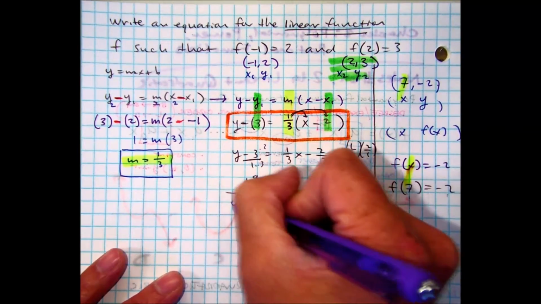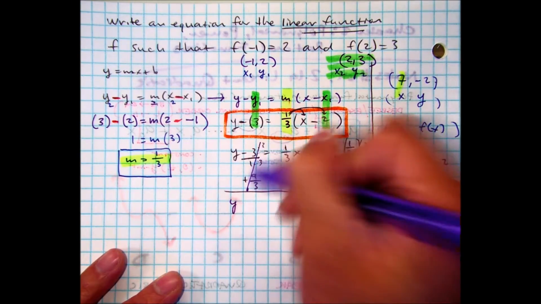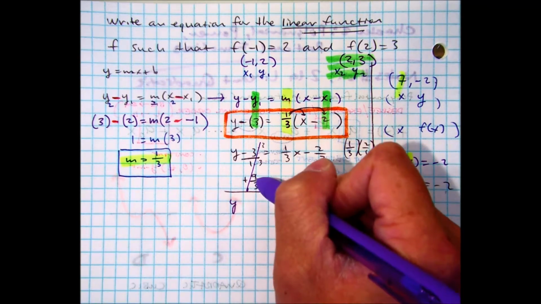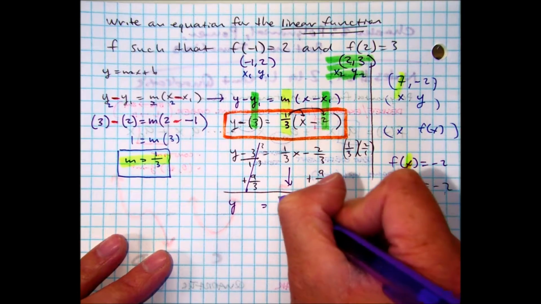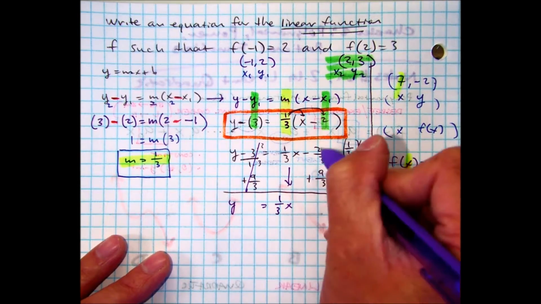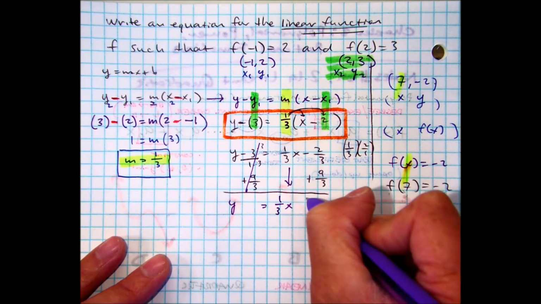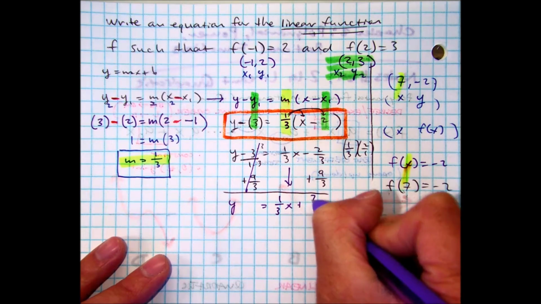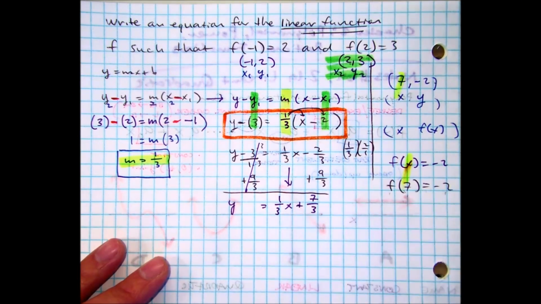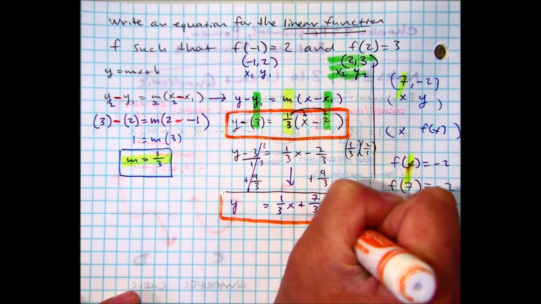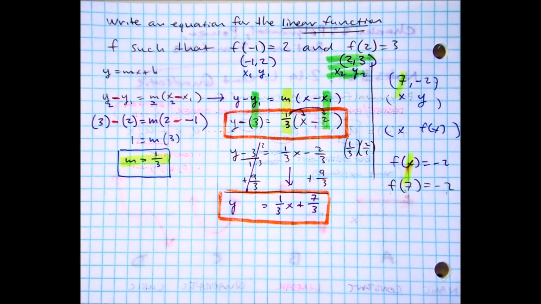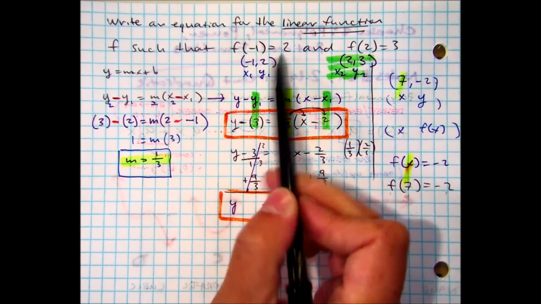So now I have y equals 0, right? Negative 3 plus 9/3, those are opposites, equals 1/3 x. Negative 2 plus 9 is 7, and the denominator stays the same. So my answer in slope-intercept form is 1/3 x plus 7/3. So here, the only thing that's different for you is that you have function notation for your ordered pairs.